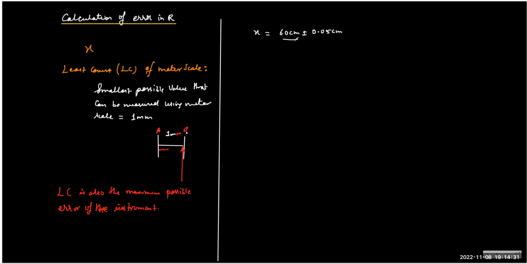So this is what you can measure and this is what you cannot measure, or you can say this is the maximum possible error. In case of the meter scale, the least count is one millimeter, which is 1/10 of a centimeter. Is this clear? So this is also called the error in X. This is called delta X.